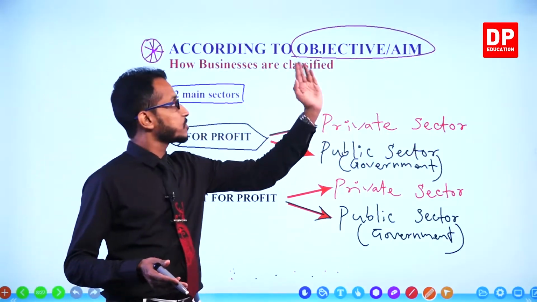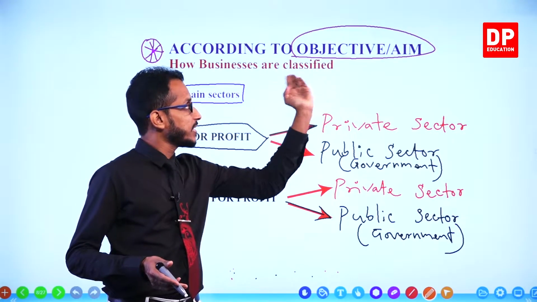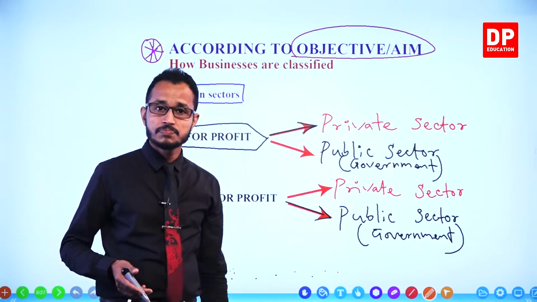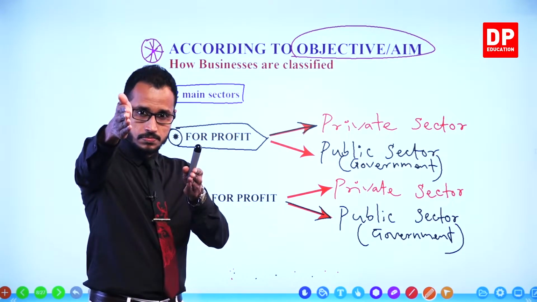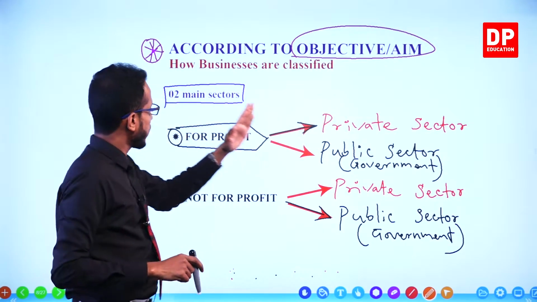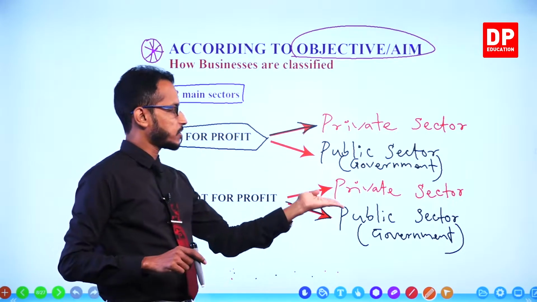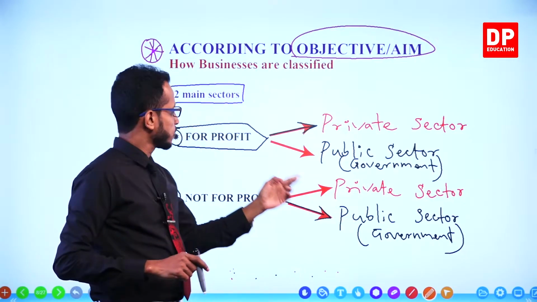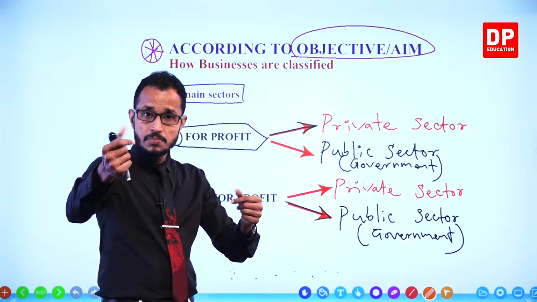Then we divided business organizations considering the objective, the aim. So considering the objective, we divided business organizations as for-profit and not-for-profit. For-profit means businesses which aim to earn a profit.